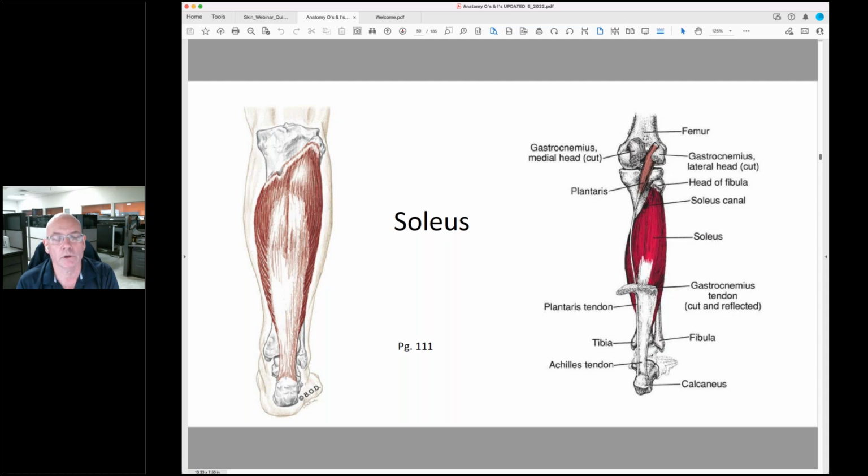The gastrocnemius and soleus share this Achilles tendon. See here, it's actually called Achilles tendon instead of calcaneal tendon, I guess. All right. So on page 111, it shows it also.